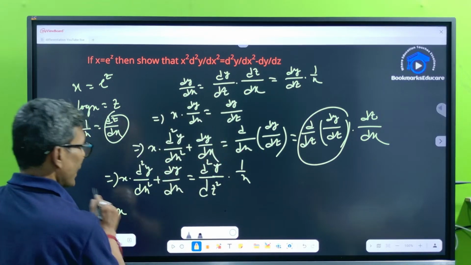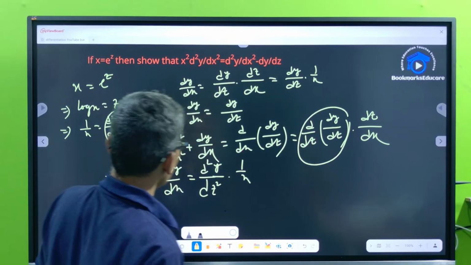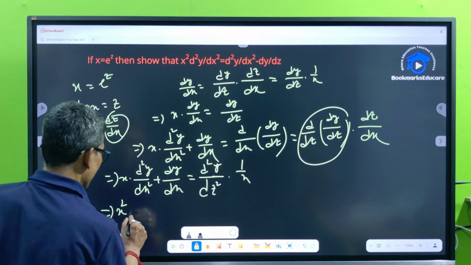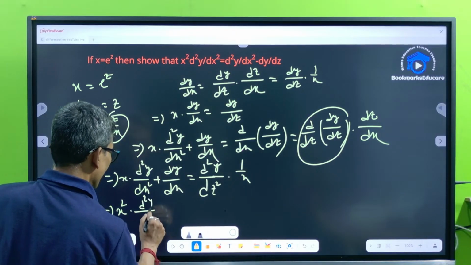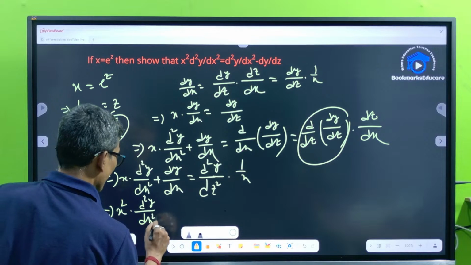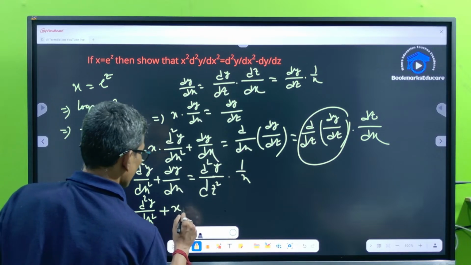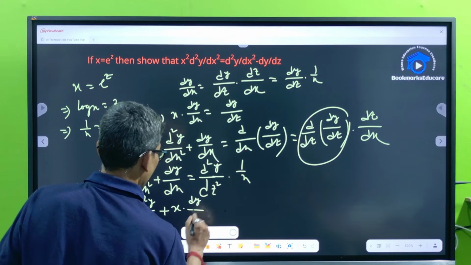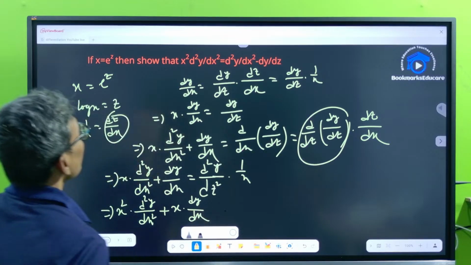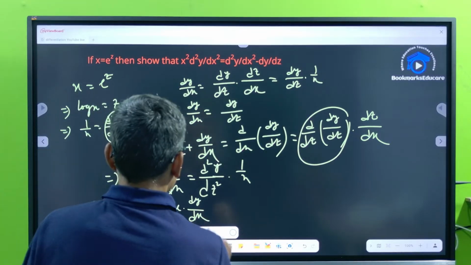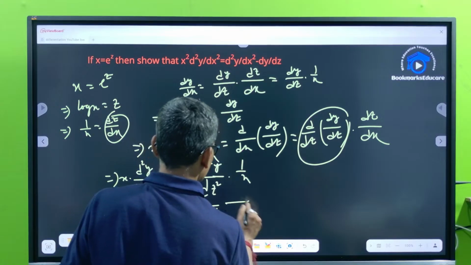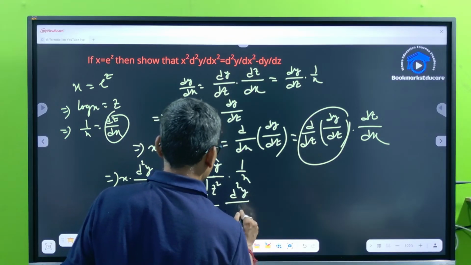So, multiplying on both sides by x, x square into d2y by dx2 plus x into dy by dx is equal to d2y by dz2.